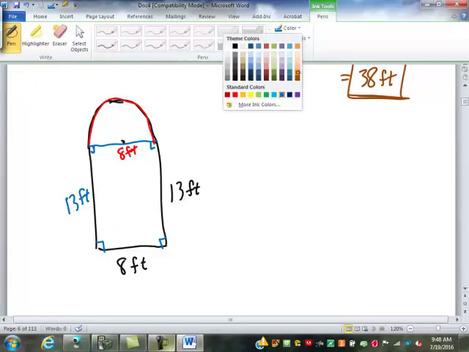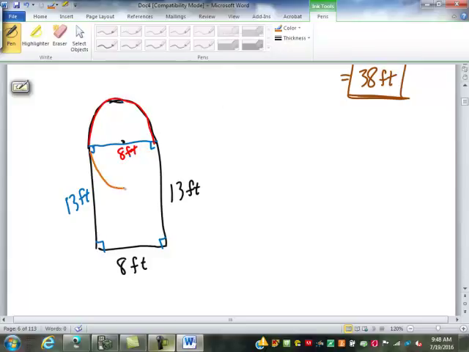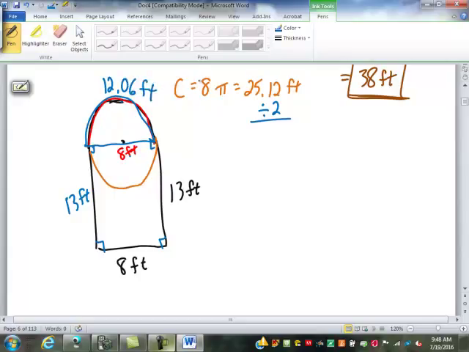Now, if I view that as being a full circle, the perimeter or circumference of that full circle would be 8 times pi, or 25.12 feet. So that makes this length from here to here how much? Half of it, divided by 2, 12.06 feet.